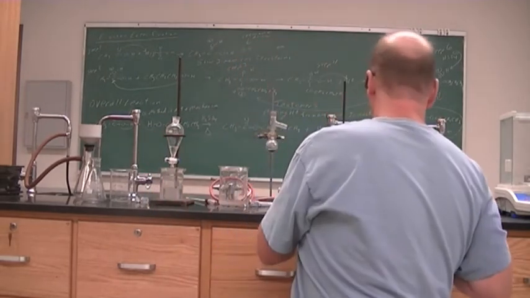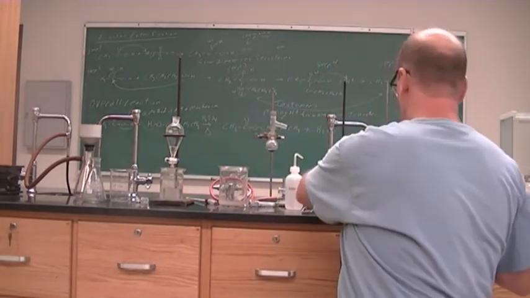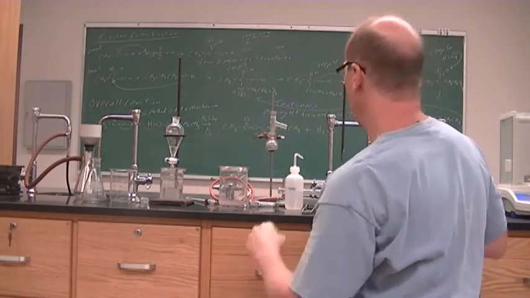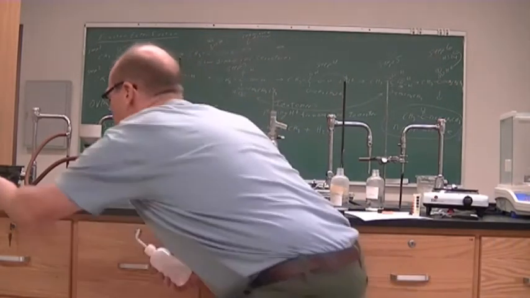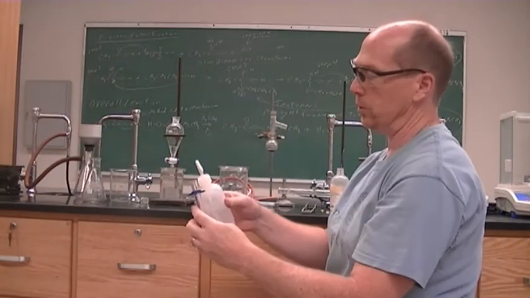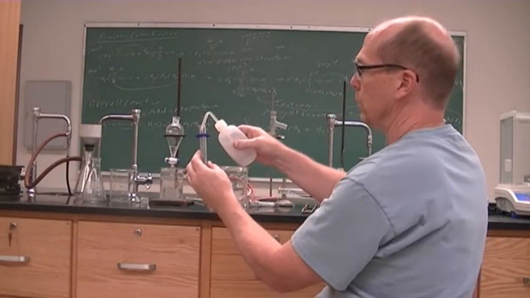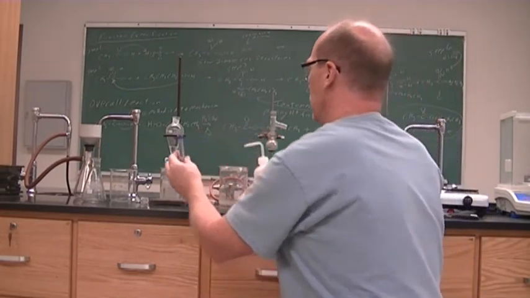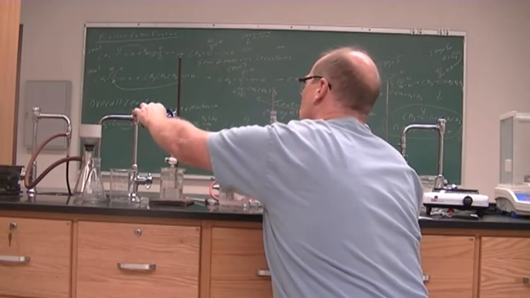All right, so once we have that, we're going to wash with about 10 mils of water. Doesn't need to be measured because we'll just go ahead and stick in about 10 mils. Right on the mark.